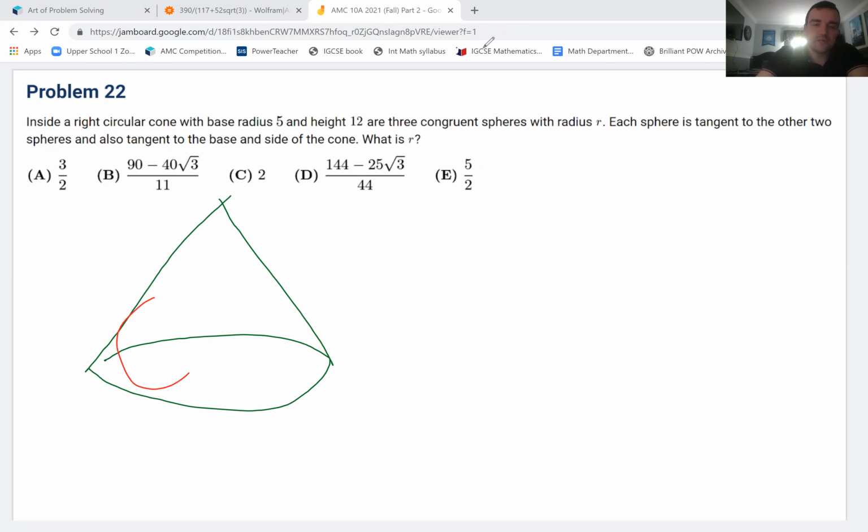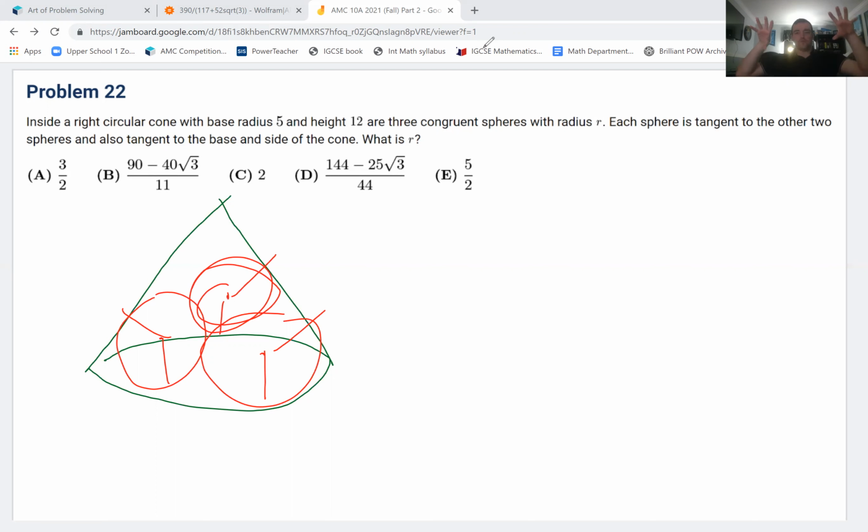So we have these 3 spheres, sort of, you have to imagine that they're all touching the base while also tangent to a side of the cone, right? So they're kind of like wedged into the bottom of the cone, right?